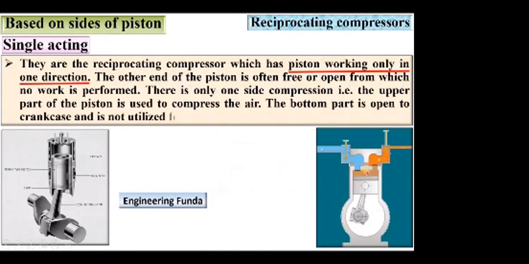There is only one side of the compression, that means here it is the upper part of the piston is used to compress the air. The bottom part is open to crankcase and is not utilized for the compression of air. That's why it is called as single acting air compressor.